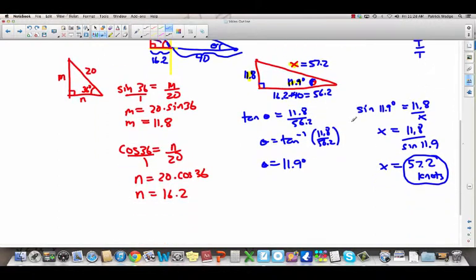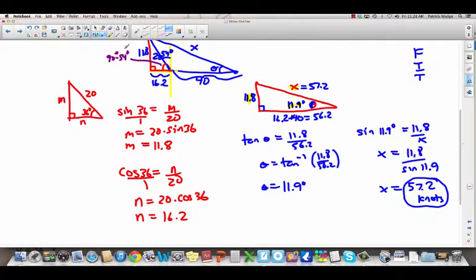Okay, the last thing we need to do is, we figured out that this is 11.9 degrees here. We've got to figure out what the bearing is. So again, draw a little north, east, south, west thing right here. If this is 11.9 degrees there, how much would be left there? Well, the whole thing's 90. So this angle right here would be 90 minus 11.9, which equals 78.1 degrees. So the bearing is, it's not north.